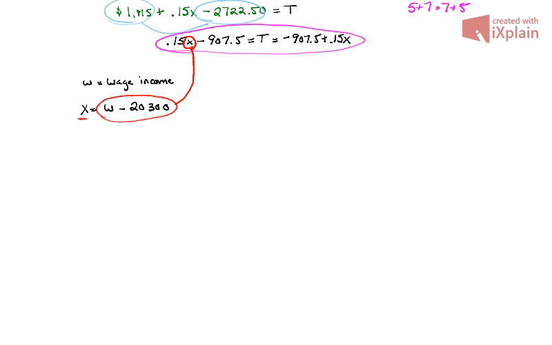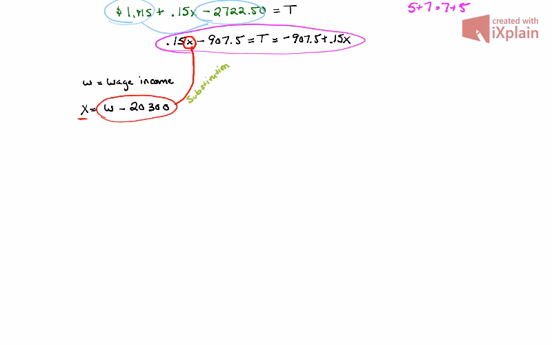Hopefully everyone is just going, what? This is amazing. You can use substitution. In other words, if I know that one item is equal to another, I can swap those items out. It's like baking.